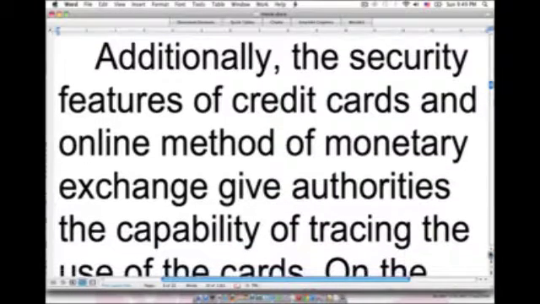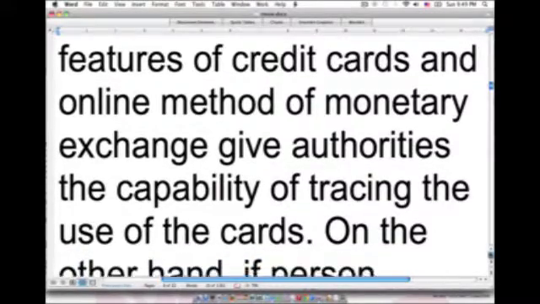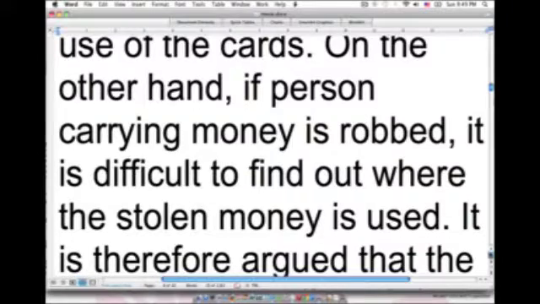Additionally, the security features of credit cards and online methods of monetary exchange give authorities the capability of tracing the use of the cards. On the other hand, if a person carrying money is robbed, it is difficult to find out where the stolen money is used.